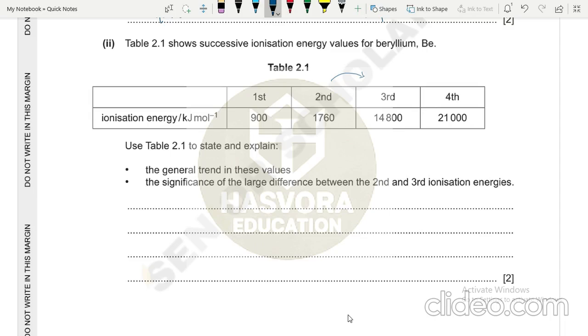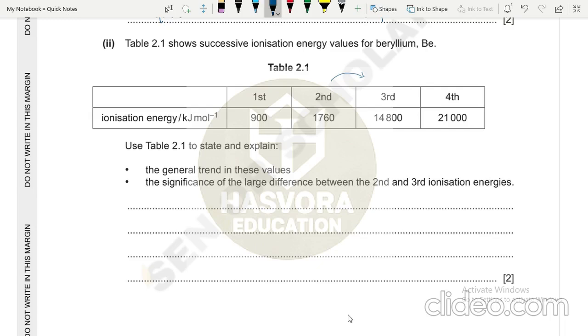The general trend will be that the ionization energy increases generally, because as the electrons are being successively removed, the effective nuclear charge experienced by the next valence electron will be greater and greater.